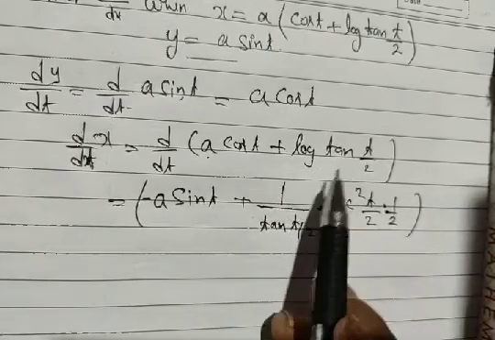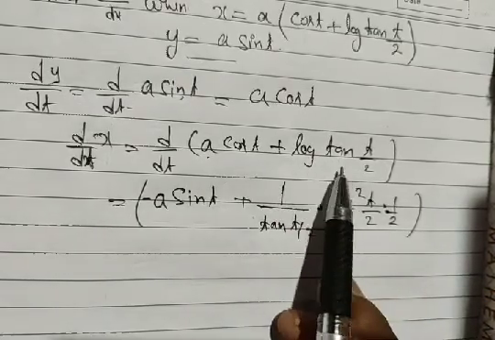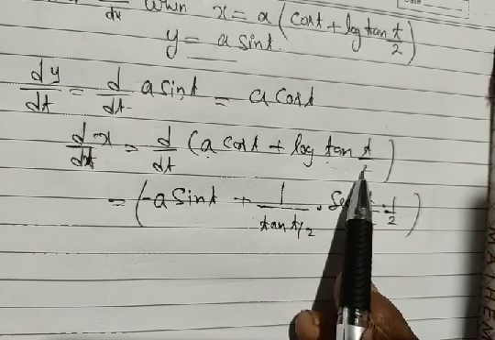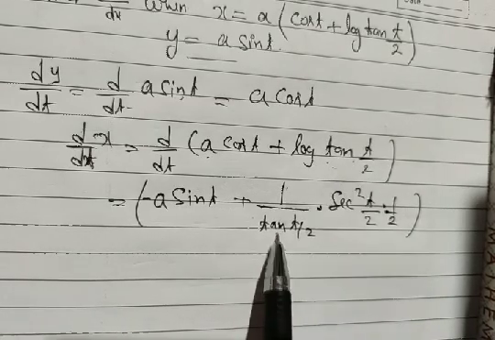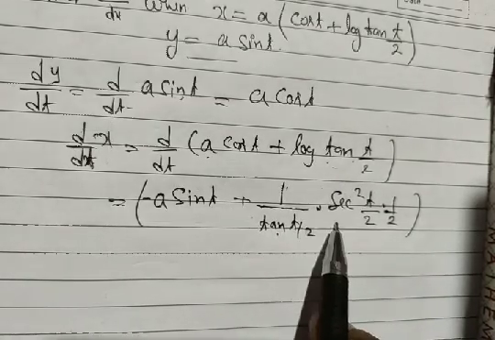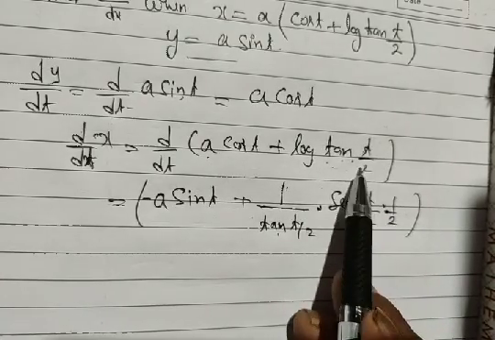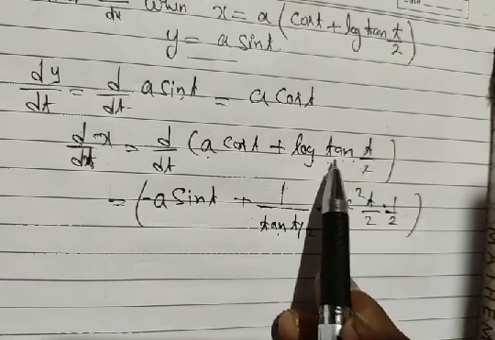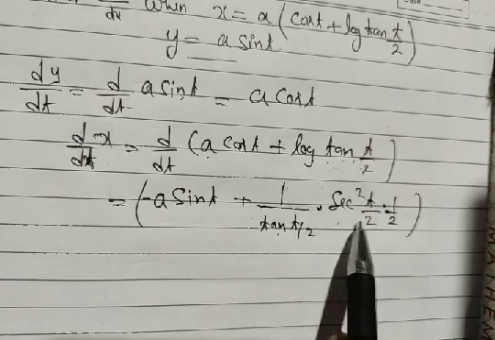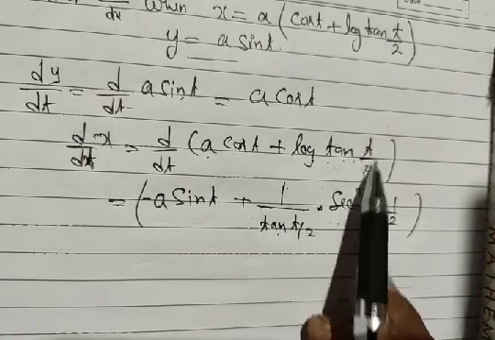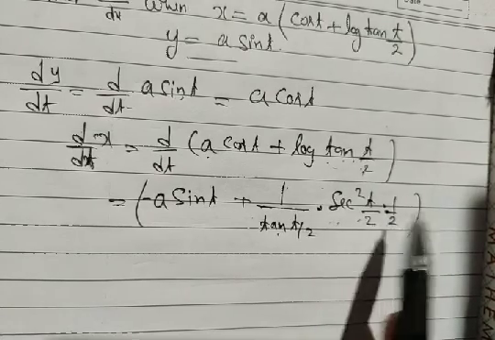What we do here? We use our chain rule. First of all, we are assuming it's m. What is the derivative of log m? It's 1/m into d/dt of m. And we have to take the derivative of tan(t/2). Again, assuming t/2 as n, then d/dt of tan n is sec² n, and d/dt of t/2, we get 1/2.